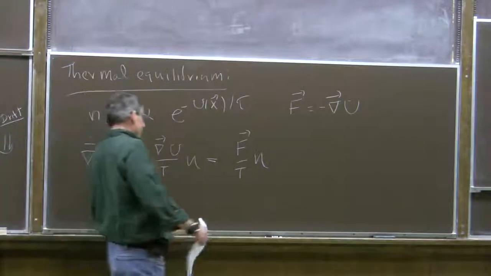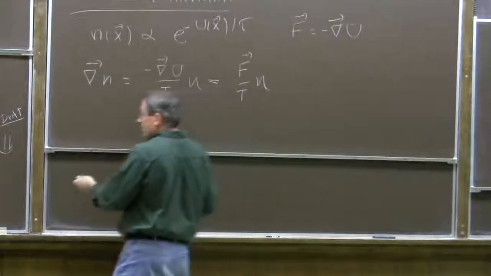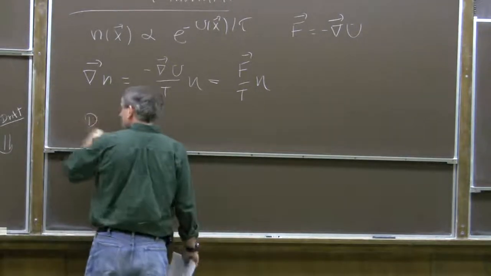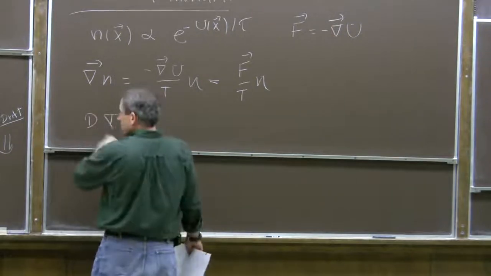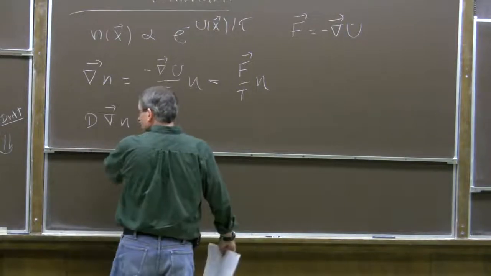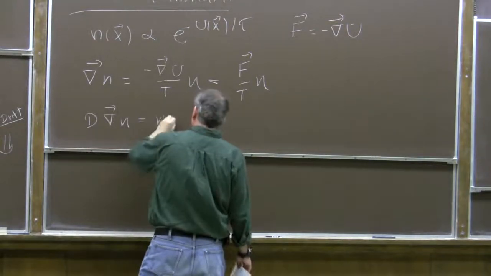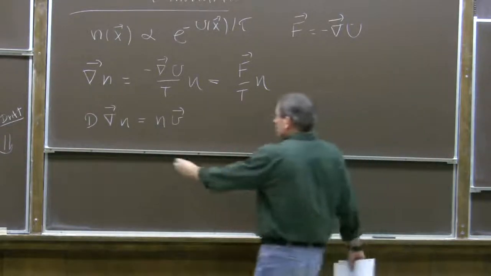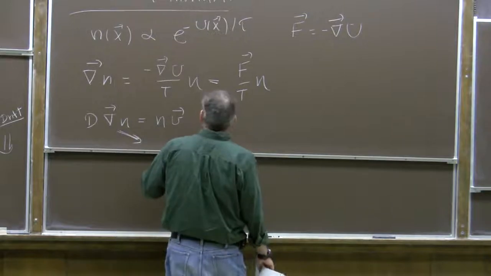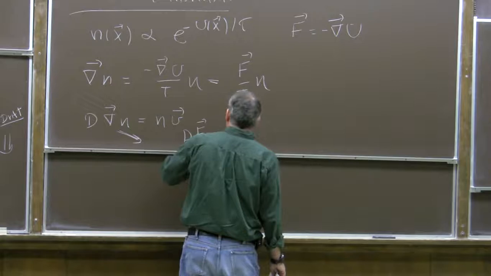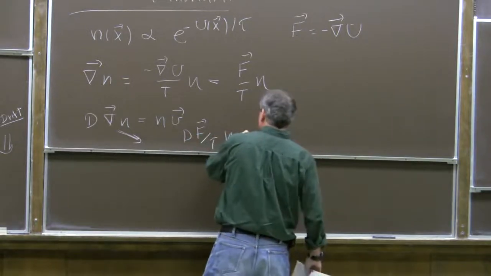So we know that in equilibrium, since the two contributions to the flux are the same, I have diffusion constant times gradient of concentration equals concentration times velocity. But this is just diffusion constant times force divided by temperature times concentration.